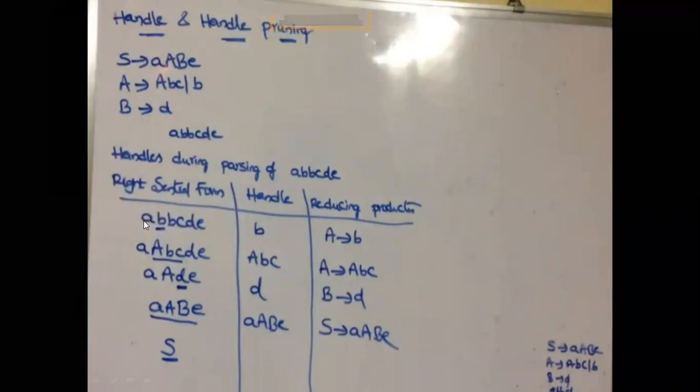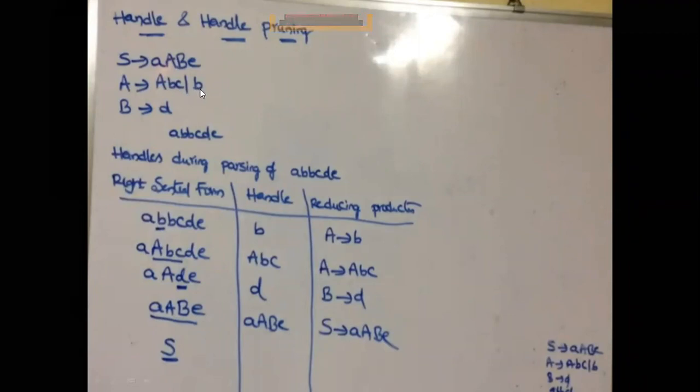In previous bottom up parsing, we discussed small a is considered as a substring. Is there any production in the right hand side with terminal a? There is no production. Then we are considering ab as a substring. Is there any production in the right hand side with ab? There is no production. Then we are considering b as a substring. Is there any production in the right hand side with b?